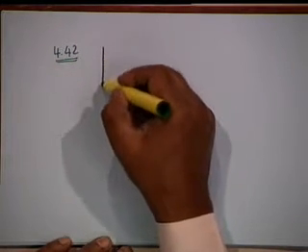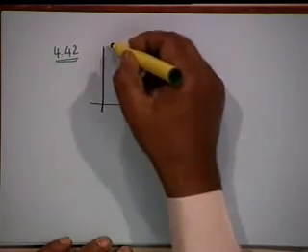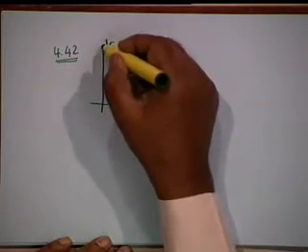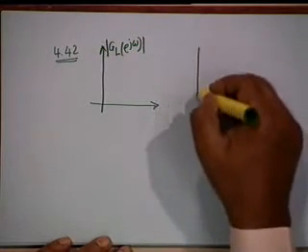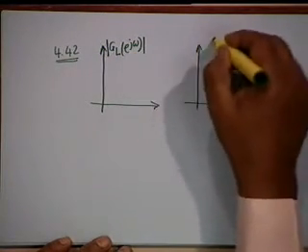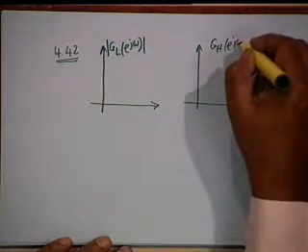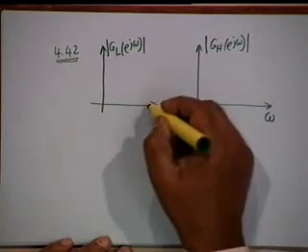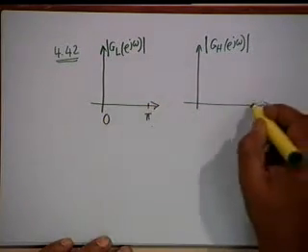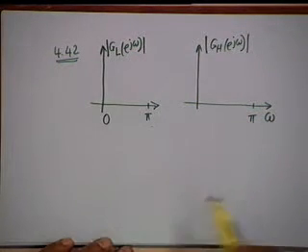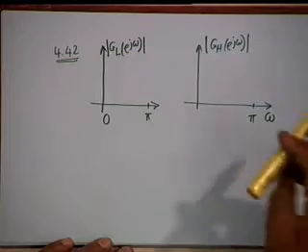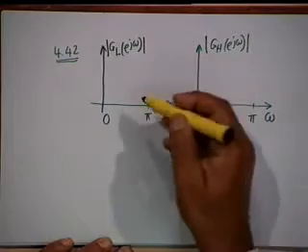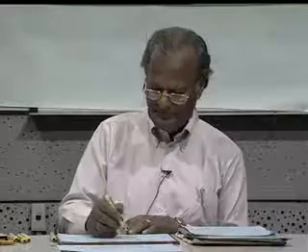It is given, two magnitude responses are given, magnitude of G_L(e^jω) and G_H(e^jω) versus ω 0 to pi, and one is a low pass filter and the other is a high pass filter, and the edge is pi by 2.